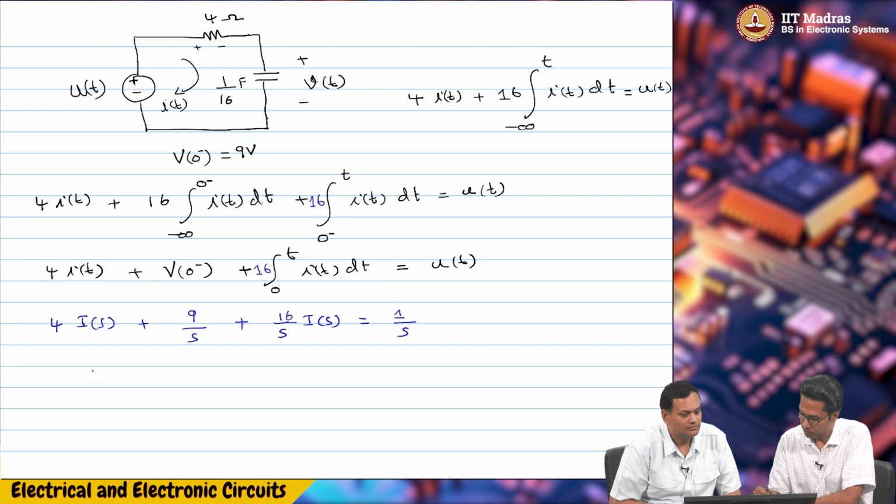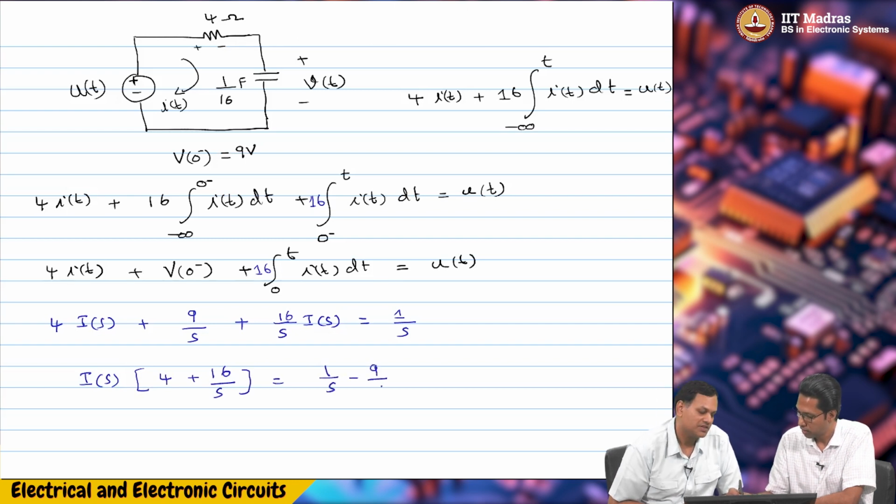So I'll just rewrite it. I of s, I have 4 here, then 16 by s, equal to 1 by s minus 9 by s, which is minus 8 by s.